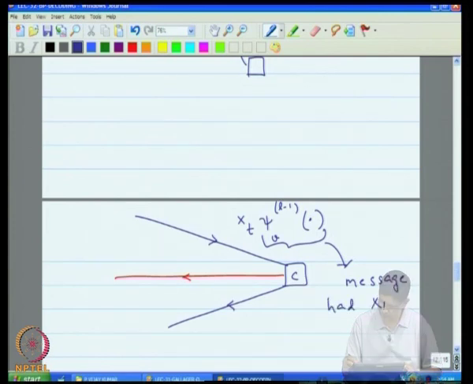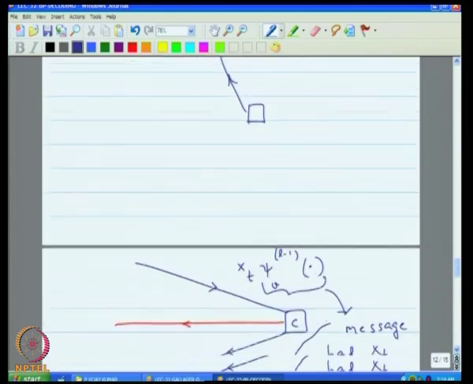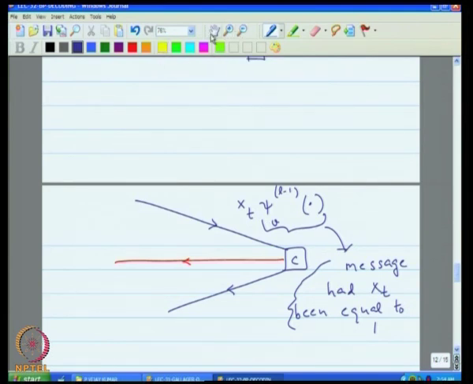Had XT been equal to 1. So, in general, what happens is that this XT keeps propagating and multiplying each message. So the incoming messages are multiplied like this.